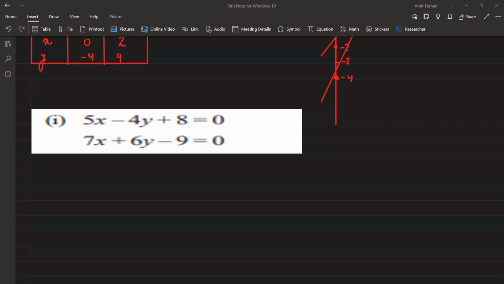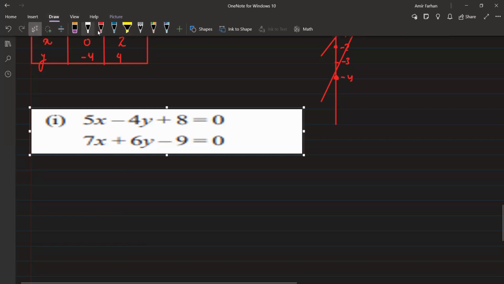Sir, this is also a1 by a2 is not equal to b1 by b2, which means that it is intersecting. So this is intersecting.